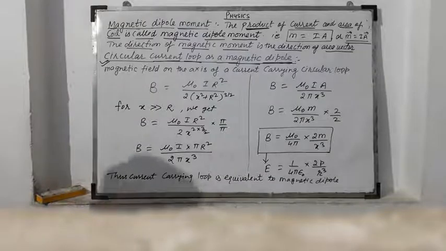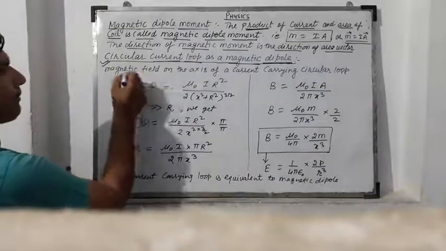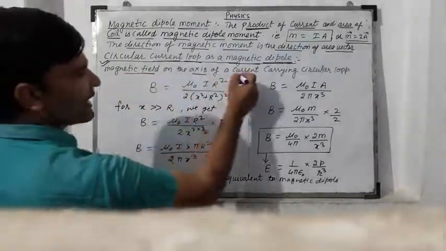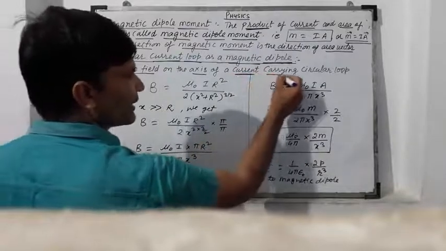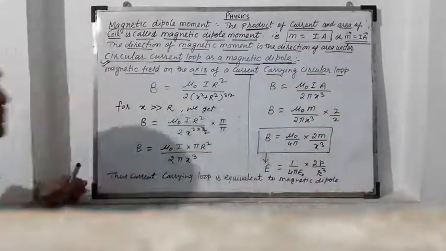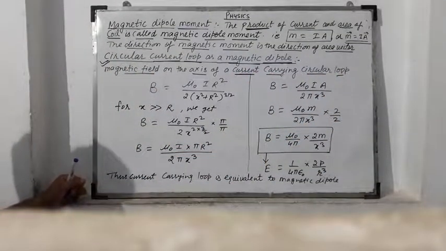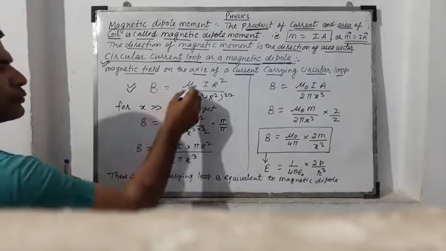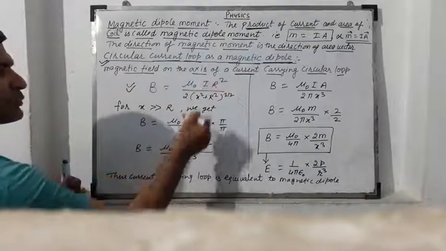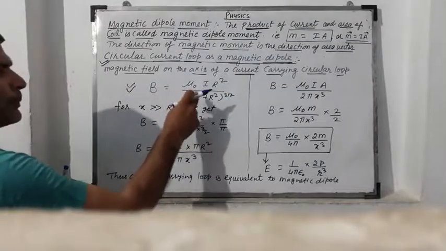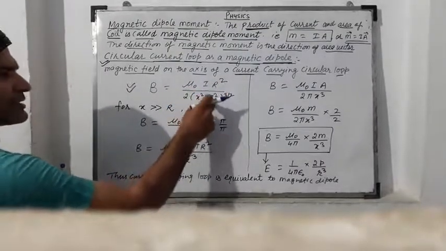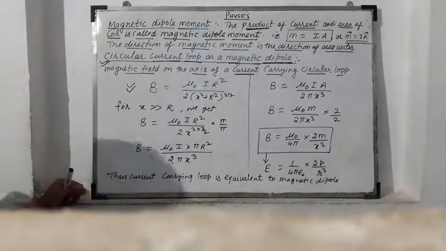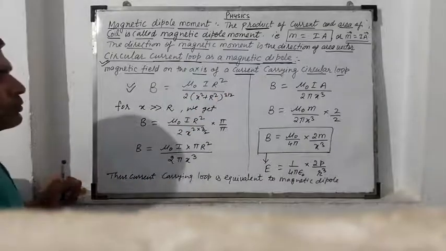So first of all, magnetic field on the axis of a current carrying circular loop. This is one topic in this chapter, and the magnetic field is B is equal to mu naught I R square upon 2 into (x square plus r square) to the power 3 by 2.